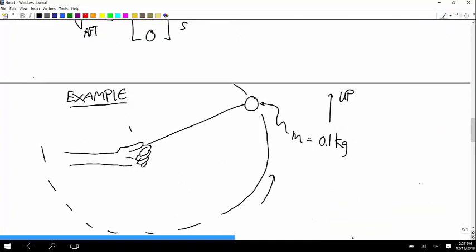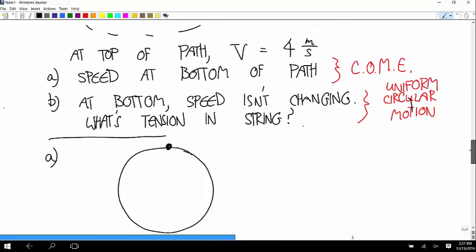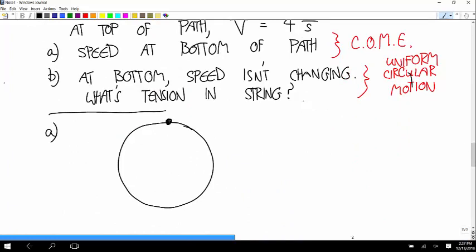Let's pretend I already did that, and that I said 0.4 meters. Okay, so up at the top of the path, the speed is 4 meters per second. I'm going to call this instant 1. It doesn't matter what order you call these. And we're trying to figure out the speed down here, so this is going to be instant 2.